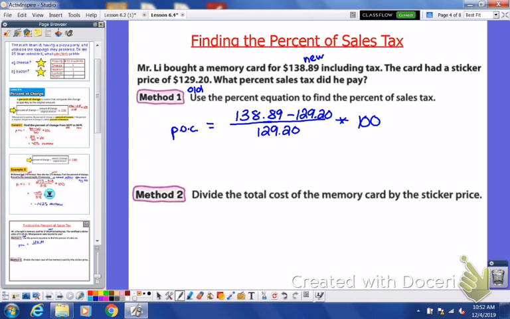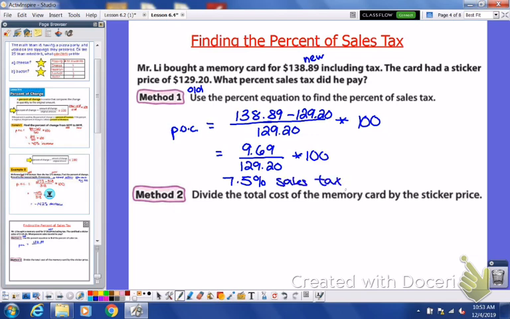So 138.89 minus 129.20 gives us 9.69 over 129.20, still times 100. So that tells us that we had a 7.5% sales tax if you calculate that out.